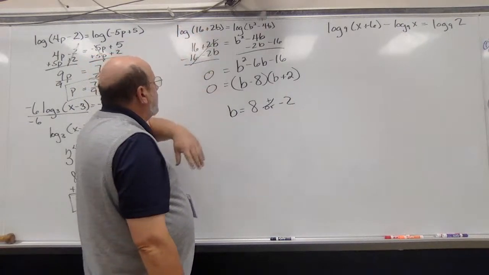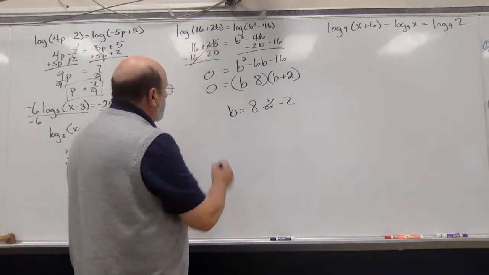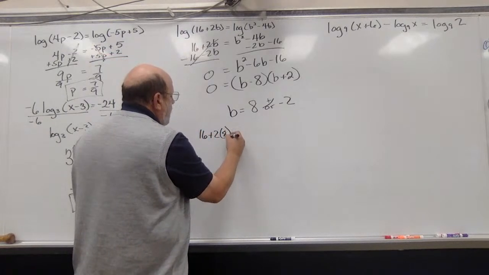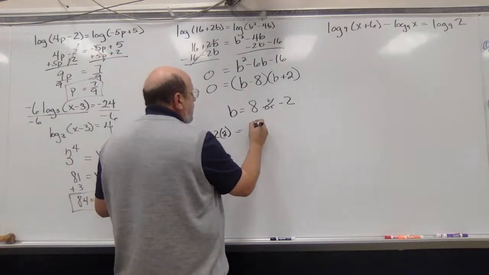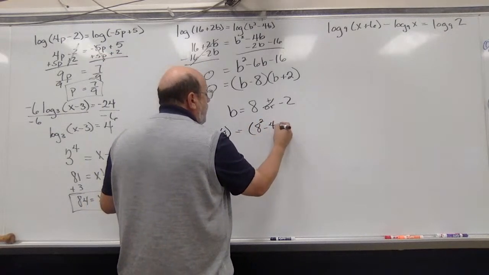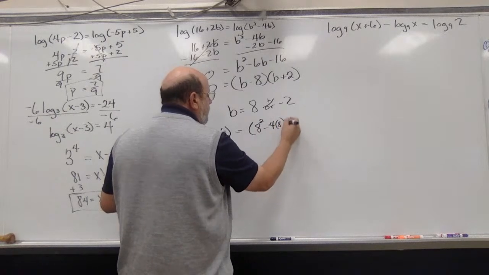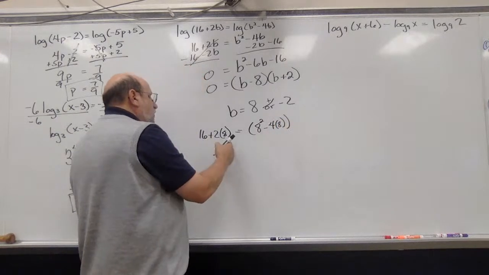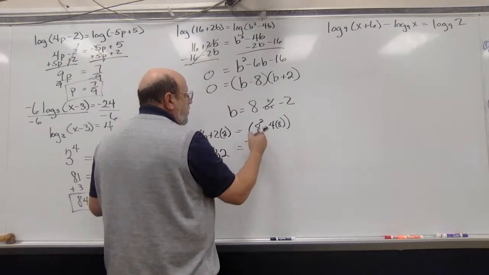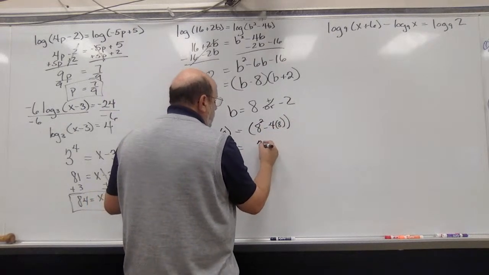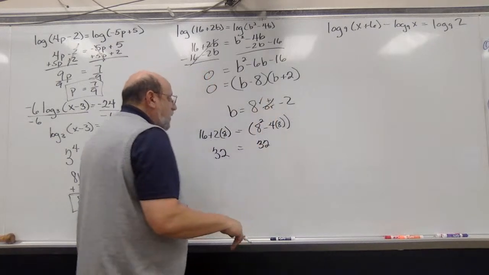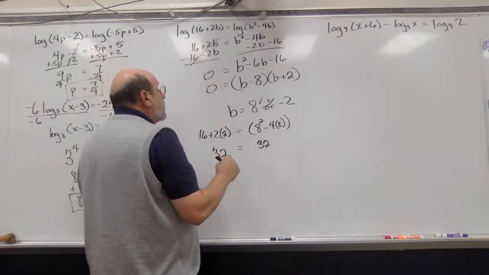So I go 16 plus 2 times 8 is equal to 8 squared minus 4 times 8. Right? So 16 plus 16 is 32, is equal to 64 minus 32, which is 32. The 8 checks out. All right, well, let's try it with negative 2.